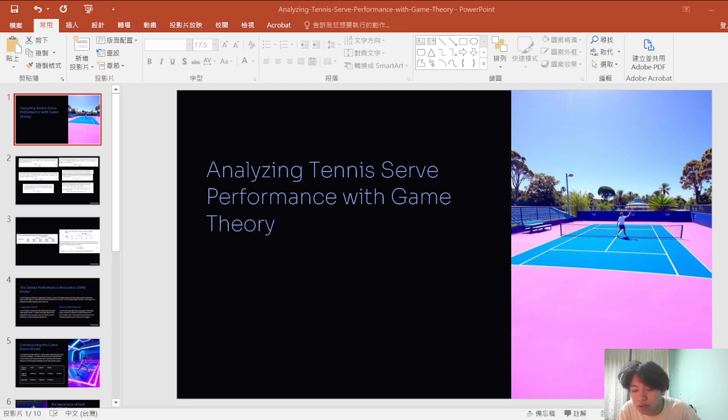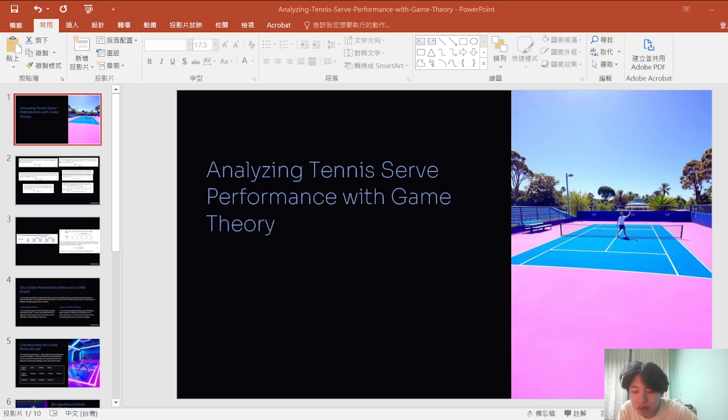The work progresses through three steps. First, formulating the SPR index for individual strokes. The second is constructing a game matrix based on serve strategies and applying the SPR index. And the third is analyzing the pure strategy Nash equilibria with a focus on tactical outcomes.